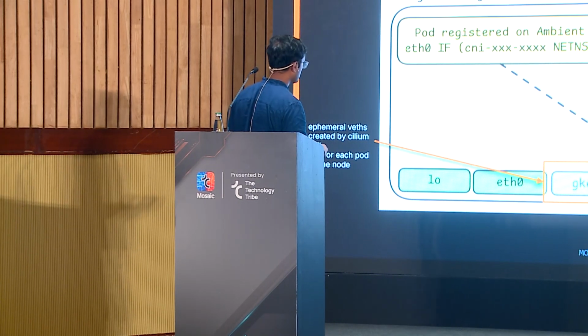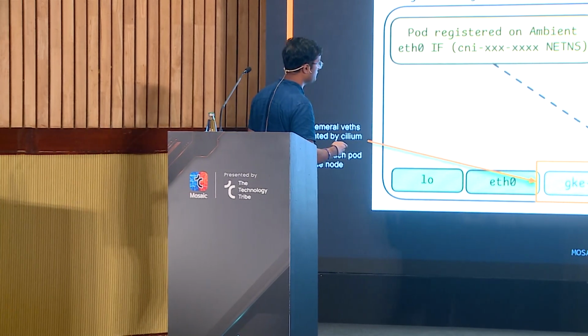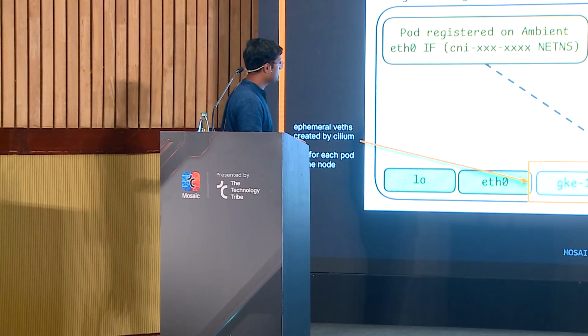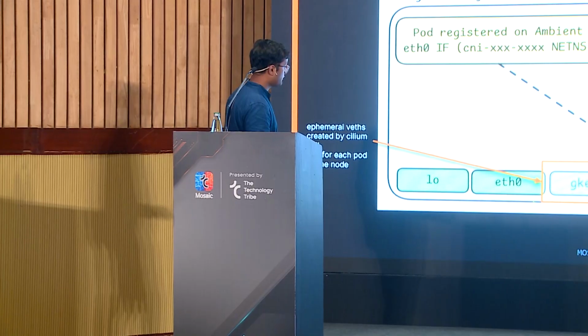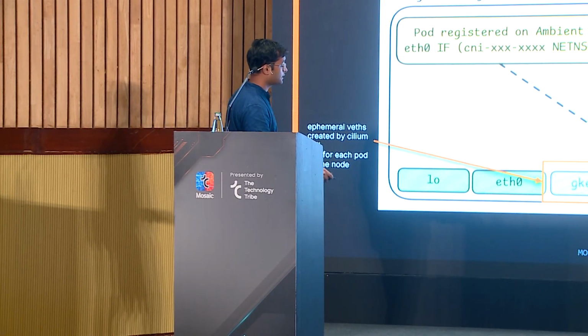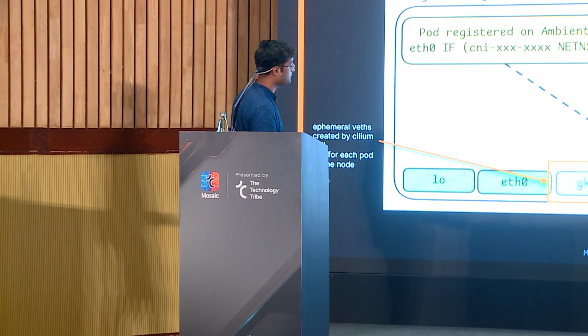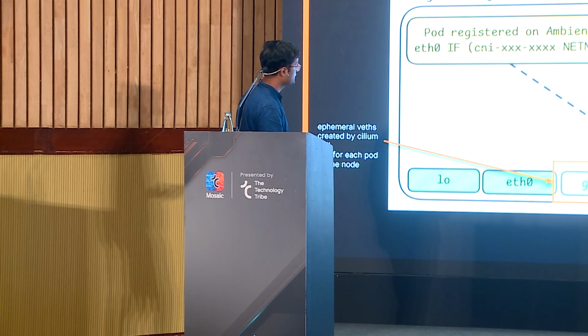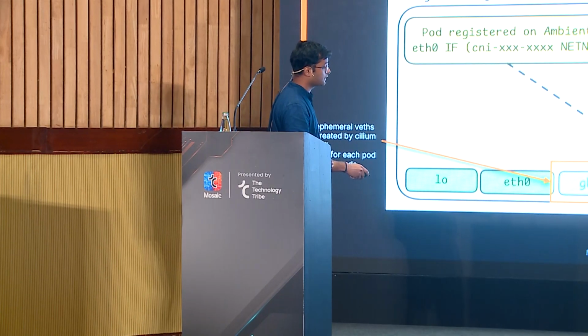You have the eth0 network interface within the pod itself, which is in its own network namespace. And these are ephemeral network interfaces created by Cilium. Then this one is mapped one-on-one to the pod's networking interface, so a packet coming from here naturally ends up on this particular networking interface.